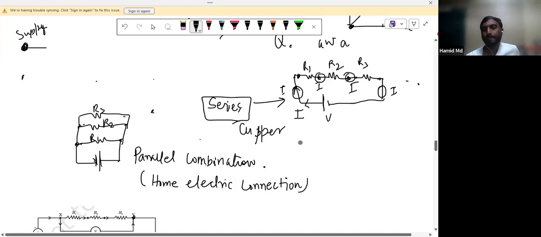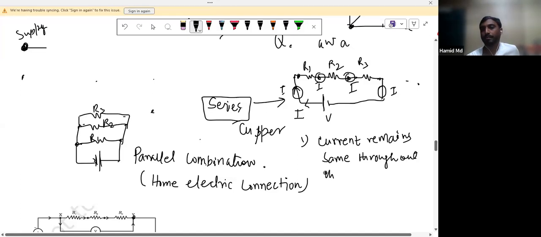So in series, the first characteristic is that the current remains the same throughout the circuit. Anywhere you measure the current, you will find the same current, right?